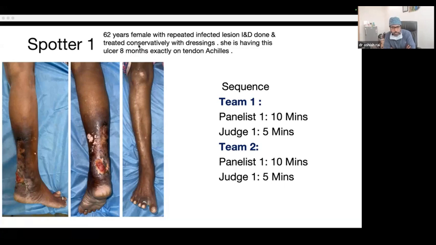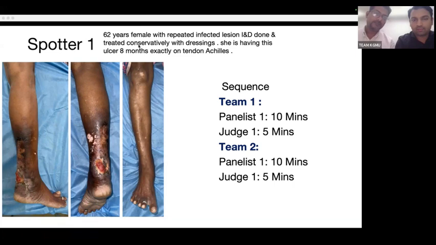So coming to team A, now what are the investigations which you are planning to further reinforce your diagnosis and to work up a plan? So firstly, I will ask for the history of any smoking or any chronic disease like diabetes mellitus.